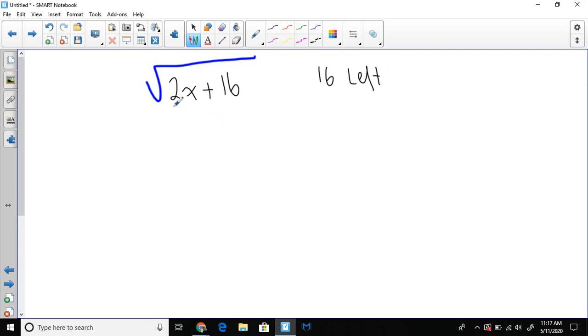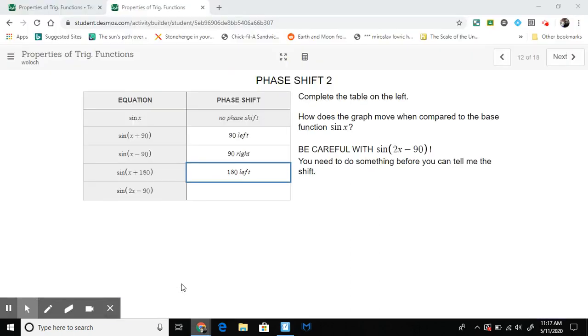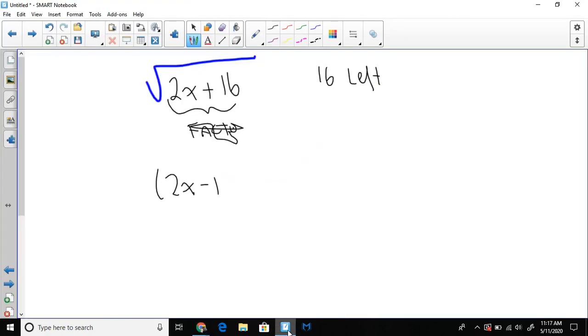But it's not, because what I've got to do inside here is have it factored. Same thing with the one we had here, 2x minus 90.